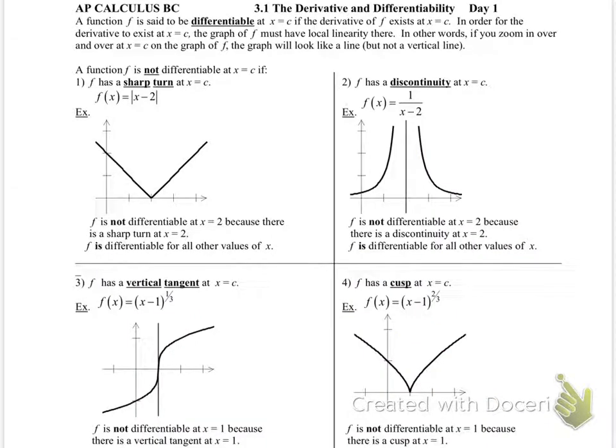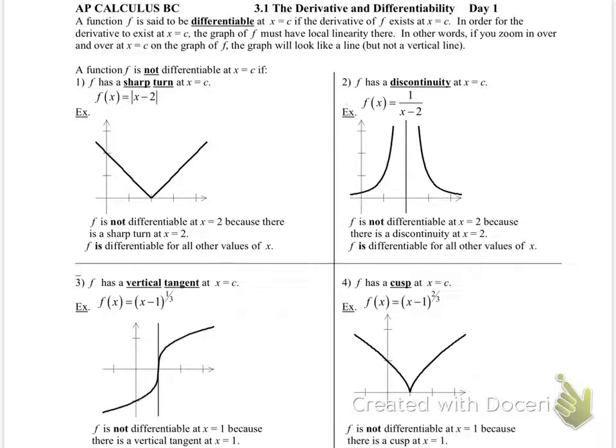Next up, we're going to talk about differentiability and continuity. A function is differentiable at x equals c if the derivative of f exists at x equals c. In order for the derivative to exist at x equals c, the graph must have local linearity there. In other words, if you zoom in way in at x equals c, the graph will look like a line, but not a vertical line.